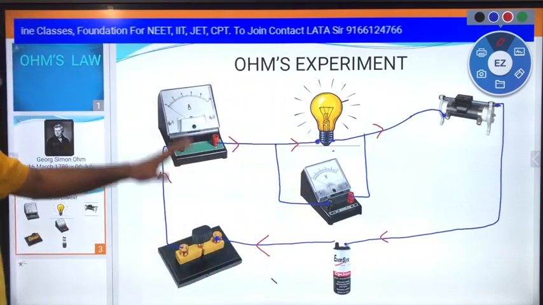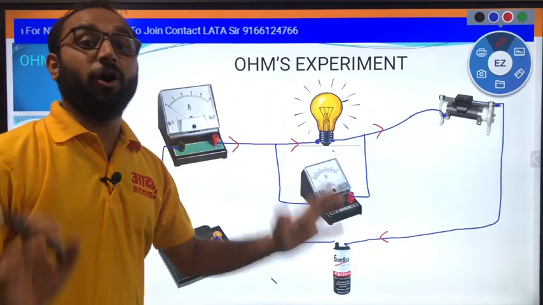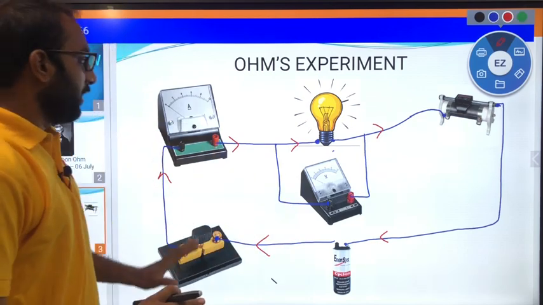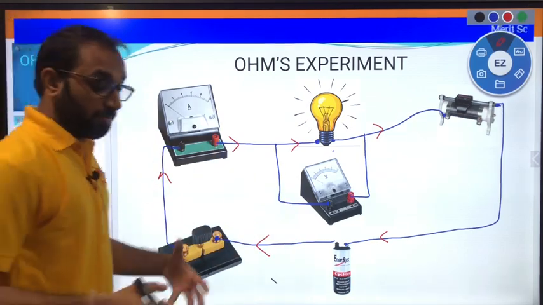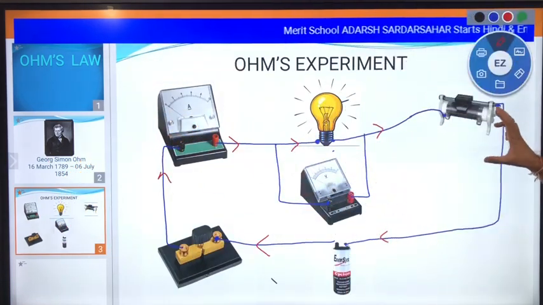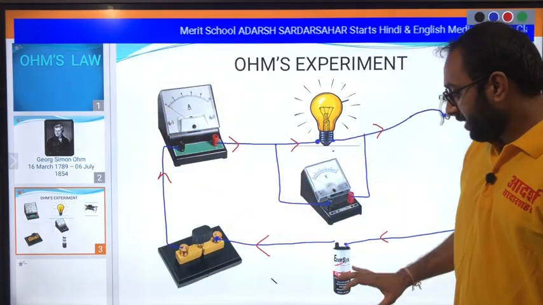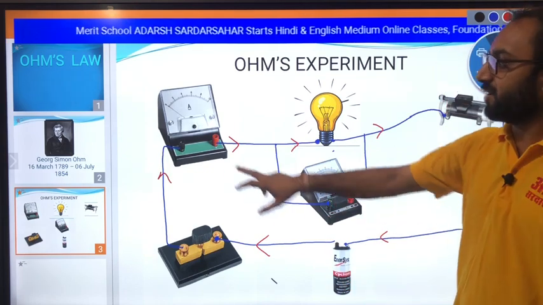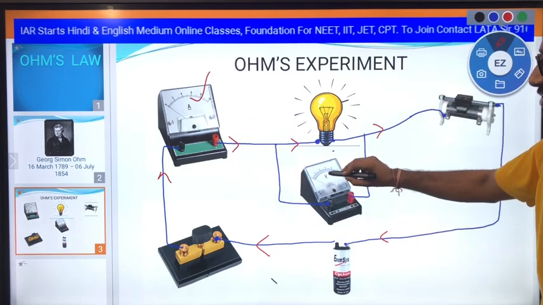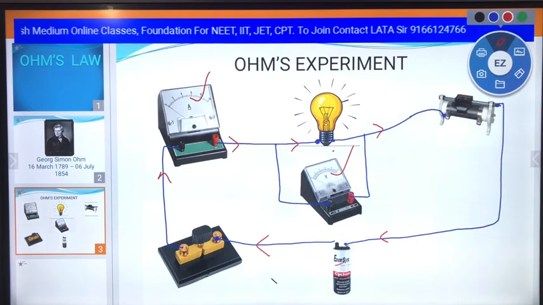Okay, this is the circuit diagram of Ohm's experiment circuit. After that, by varying the rheostat when current flows from the battery, measure the current value with the help of the ammeter and the potential value with the help of the voltmeter.